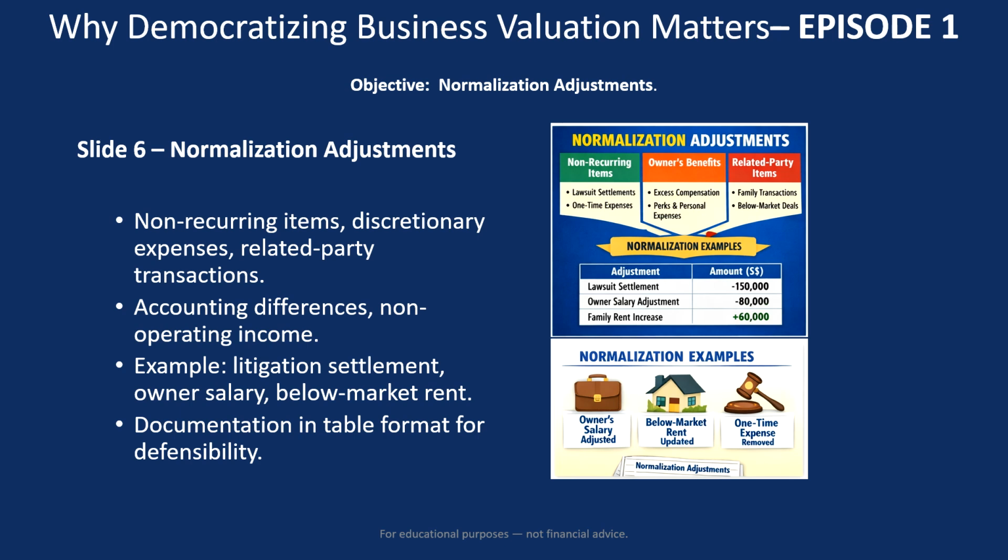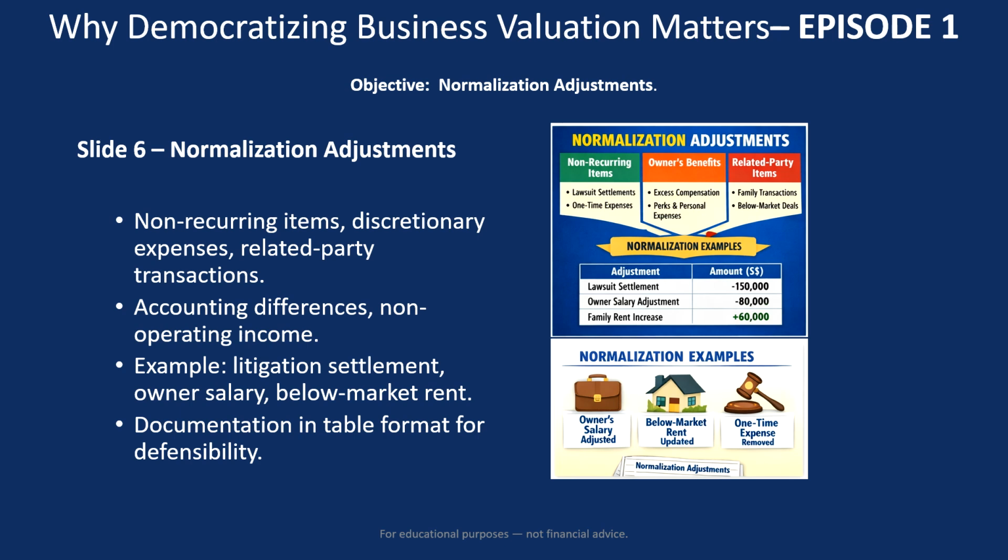On discretionary and owner expenses: many SME owners run personal expenses through the business, such as above-market salary, a company car, family travel. A buyer wouldn't pay for this. Adjust the owner's compensation to a market rate equivalent and remove personal perks that wouldn't survive a change of ownership.